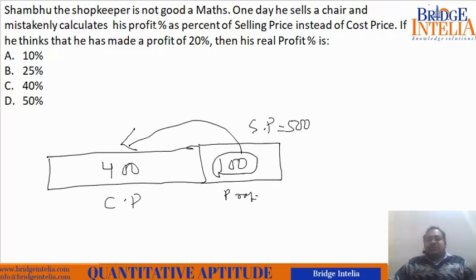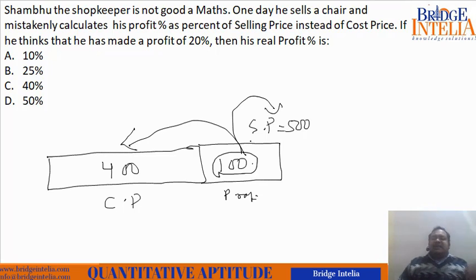So this guy was not good at maths, so he uses the wrong formula. He understands that he has made a profit of rupees 100, but while calculating the percentage, instead of comparing 100 with 400, he starts to compare with 500. That's why he will come up with the wrong answer.